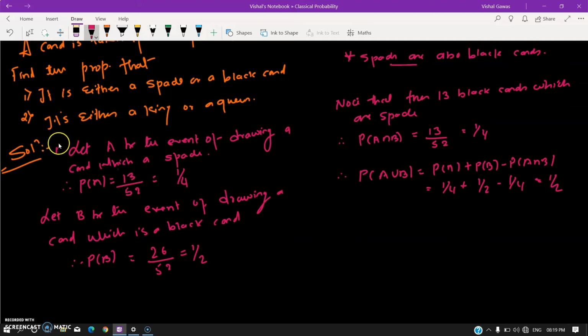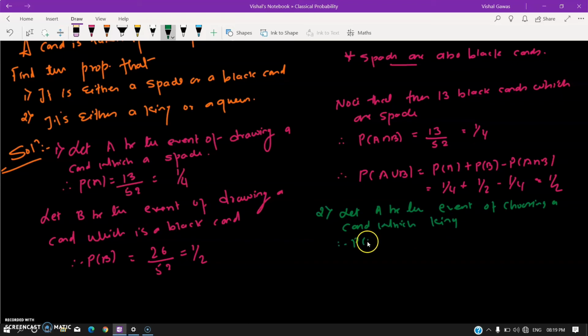Second one, this was the first one. The second is pretty much easy. Let A be the event of choosing a card which is a king. You can change the alphabets. Therefore, the probability of A becomes 4 over 52.